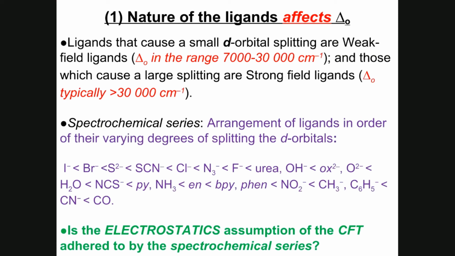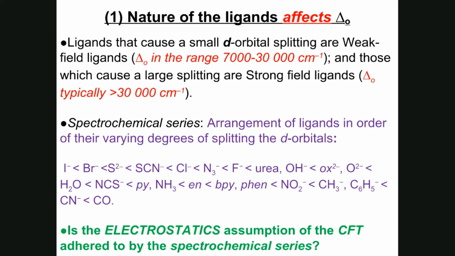The nature of the ligands: we've seen that when we use aqua or water as a ligand, and we use cyanide as a ligand on the same metal, we get different splittings. That is essentially suggestive of the fact that we can arrange the ligands according to their strength of splitting the d orbitals, because each ligand has its own characteristic splitting that it causes on the d orbitals.